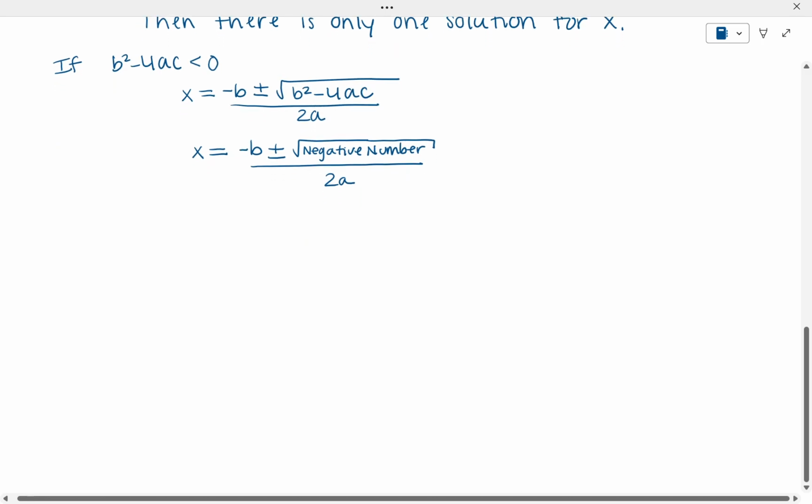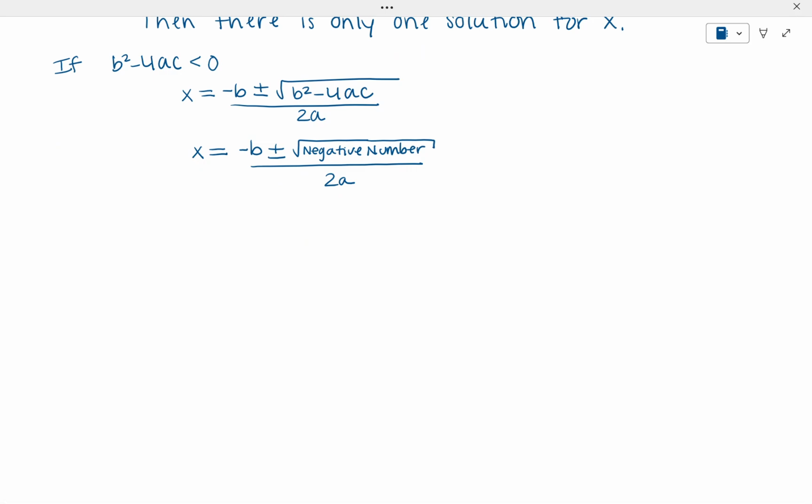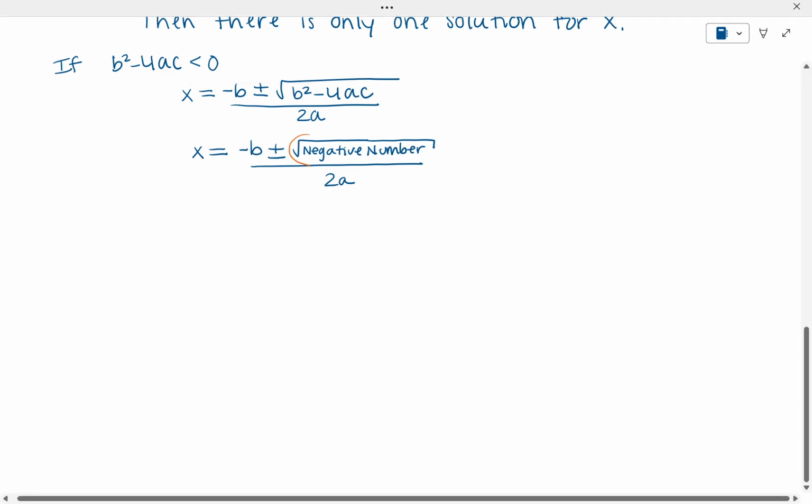And remember that when you have a negative number under a square root, this means that there are no real solutions.